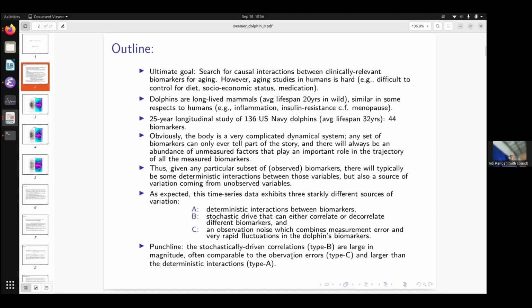And observation errors are also large. And while we can infer certain deterministic interactions, those are not the major role player in what's going on. These are more subtle. Okay, so that's the punchline.